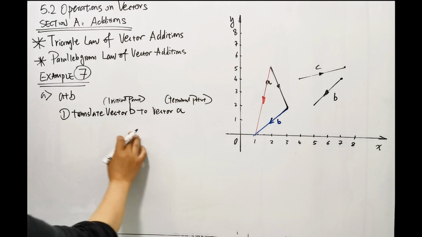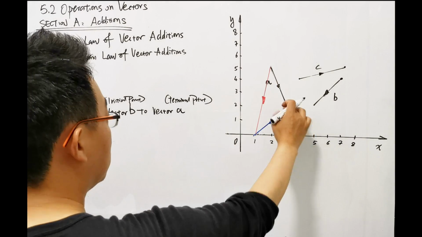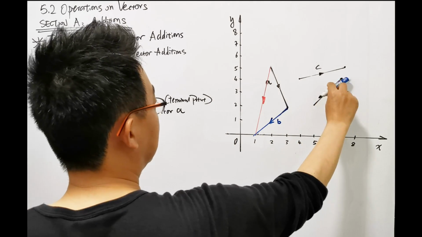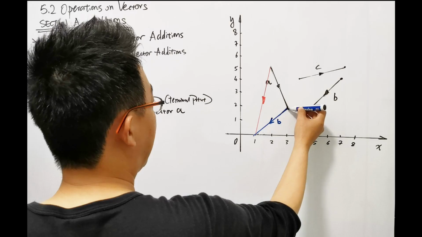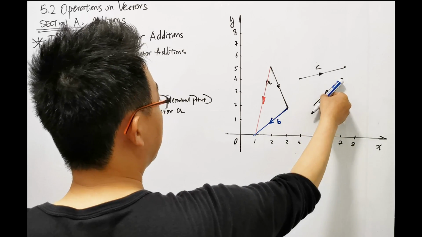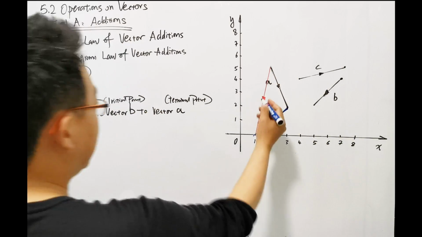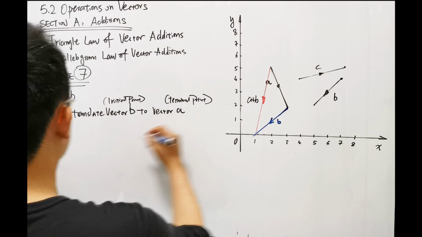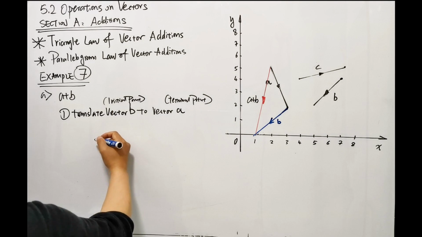From here we can see that we add up these two together. This is a's ending point, this is b's initial point, just move down to here, and then we get this a plus b. So how do we calculate a plus b?